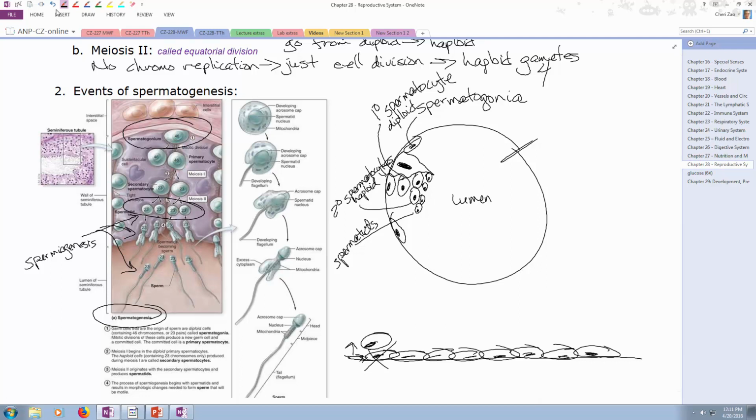I'm going to redraw that nucleus so that you can maybe recognize it from our histology. What I like about this is the nucleus is big and long, and there's a nucleolus in this nucleus. That is a Sertoli cell or sustentacular cell.